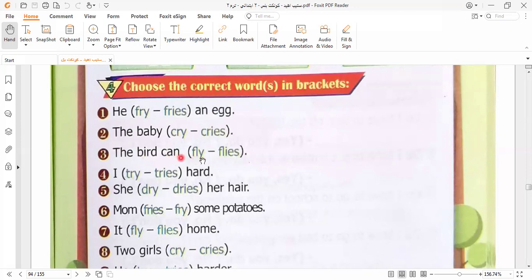So the verb here is can fly. You can say that Miss Iman told us singular takes S and plural does not. Yes, it's correct, but here we have a modal. Can here must be followed by the infinitive form.